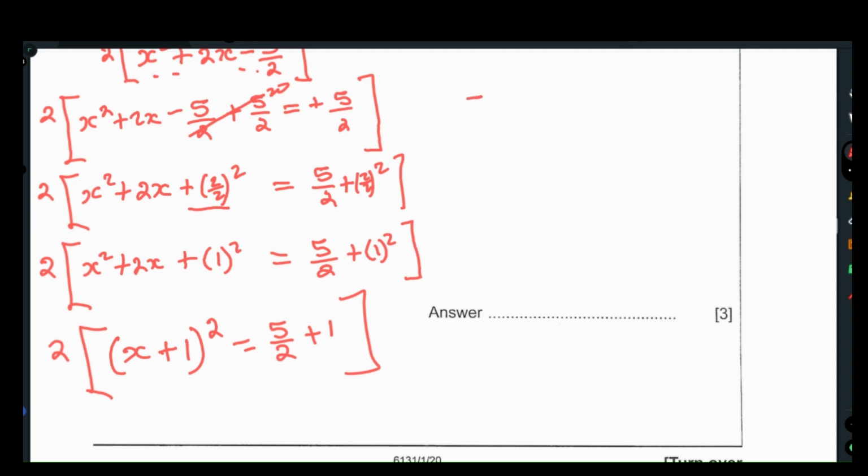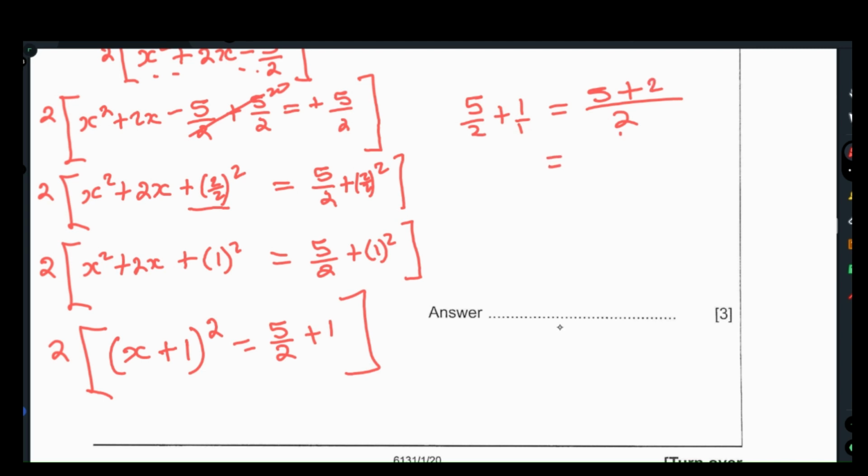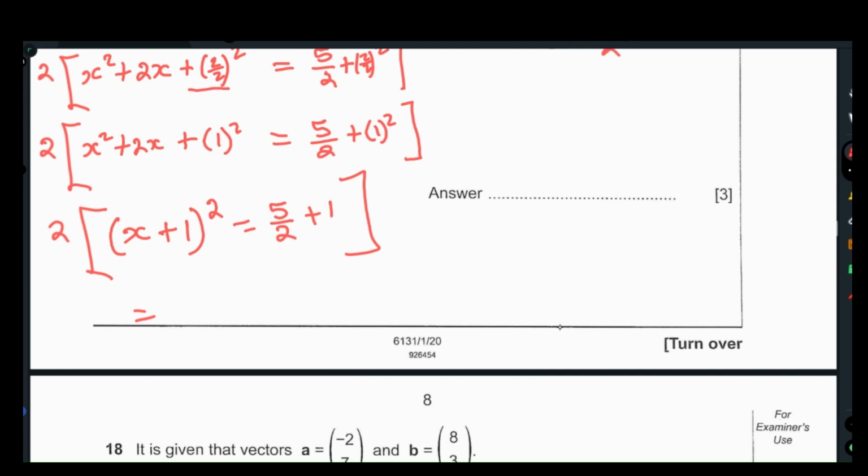So what is 5 over 2 plus 1? Let's work it out here. 1 is the same as 1 over 1, so 2 goes into it. How many times does 1 go into 2? That is 2 times, so 5 plus 2 is 7 over 2. So that becomes 2 multiplied by x plus 1 squared is equal to 7 over 2.